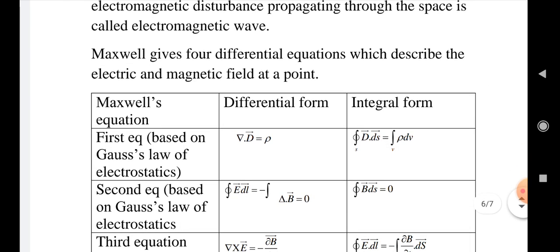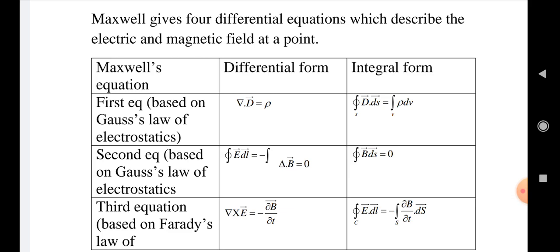The first differential equation is on the basis of Gauss's law of electrostatics.